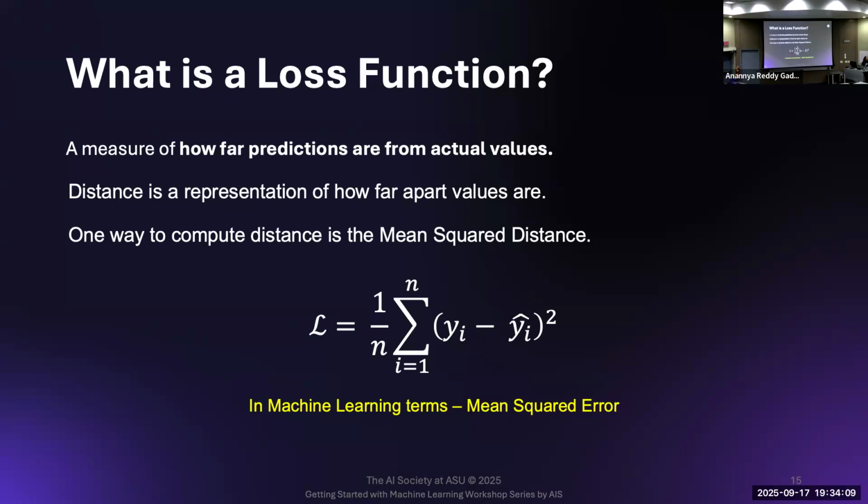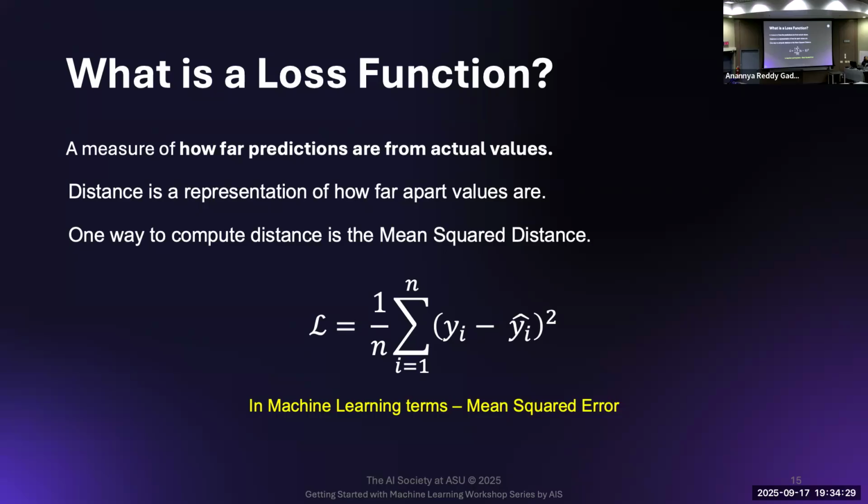Let's say you have 100 points and you divide by 100, the scale of the loss would be the same. If you increase it to 200 points, the loss value you get after that computation would still be on the same scale. That's the reason we do that.